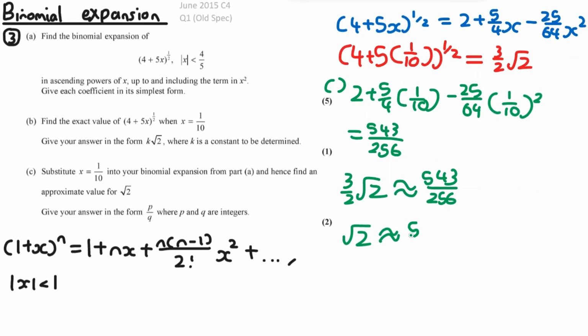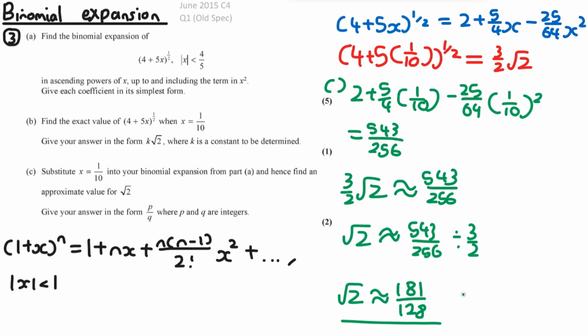So it's going to be 543 over 256 divided by 3 over 2. And if you put this into your calculator, therefore root 2 is approximately equal, the approximate value in the form p over q, is equal to 181 over 128. So root 2 is approximately equal, according to our binomial expansion, to 181 over 128.